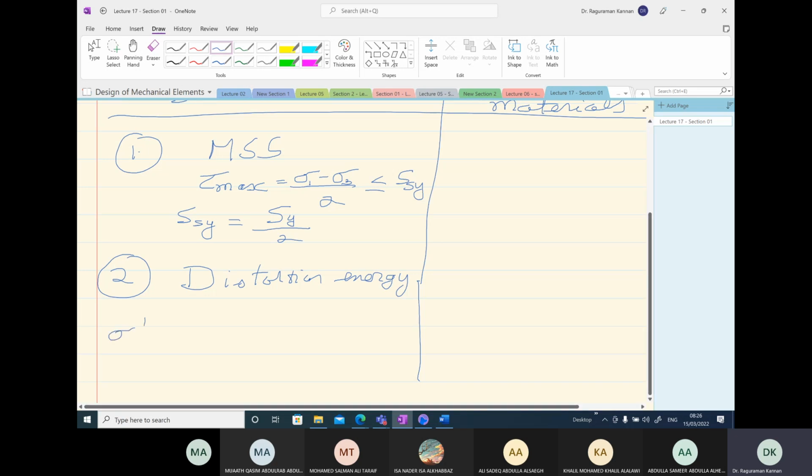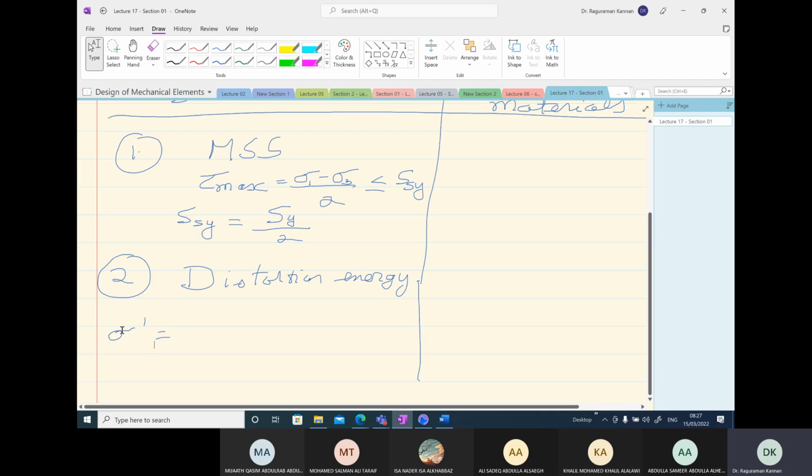So the von Mises stress is defined as sigma prime. Since in 3D we have 6 independent stress components, we cannot compare all 6 components to the yield stress value and then decide. It will be very difficult to do that.